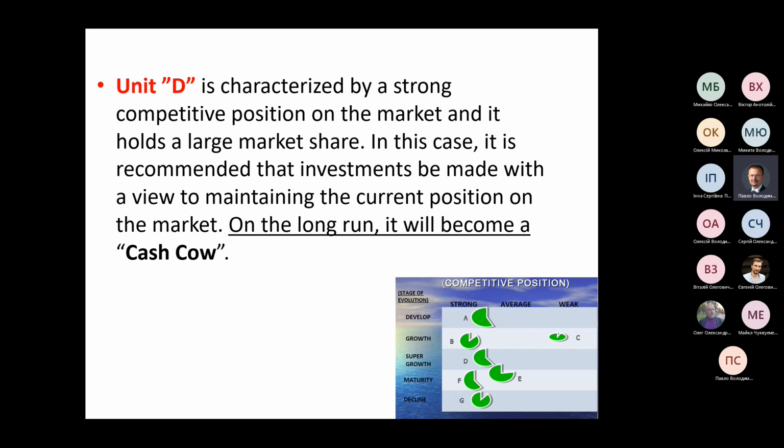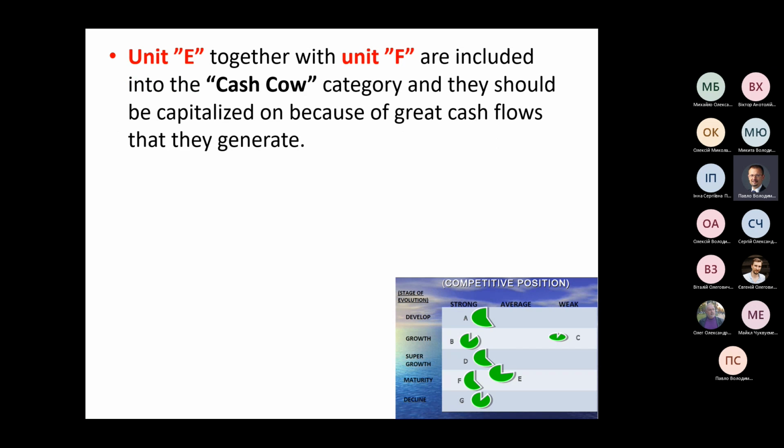Speaking about D, it is the stage between a star and a cash cow. So we hope that in the next few years this strategical business unit will become a star. So we can plan that in several years we have stable cash inflows from this strategical business unit. Speaking about E and F, they are definitely cash cows. So we have stable cash inflows now.